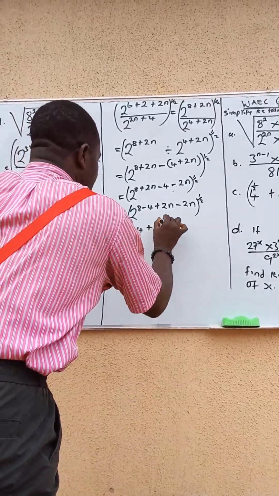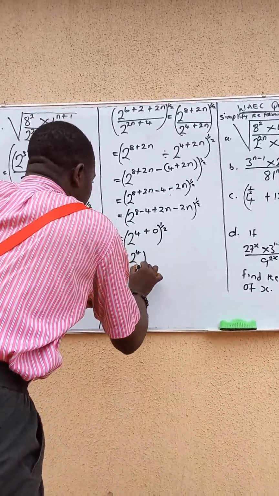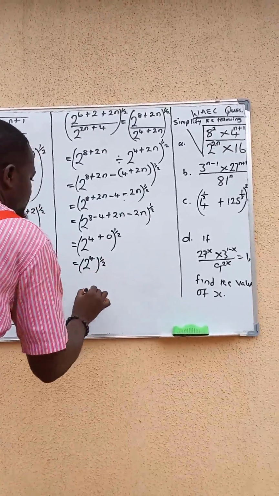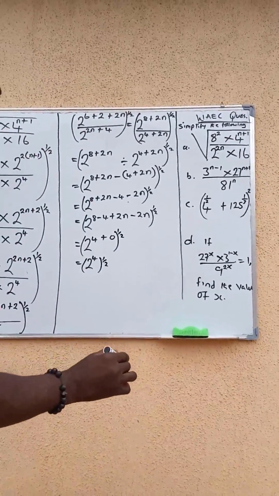And this also is raised to the power of 1 over 2, that is the square root that they give to us here.